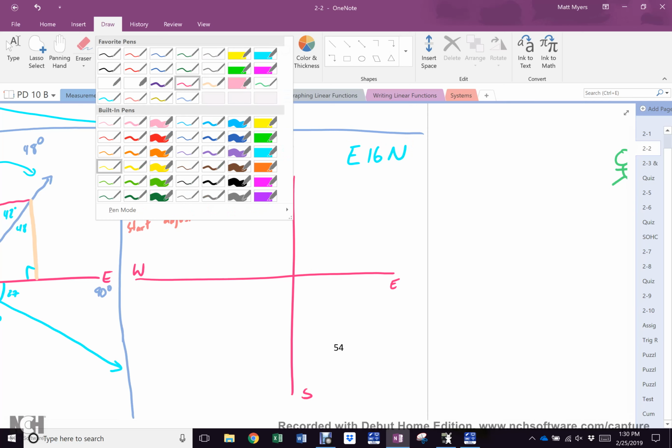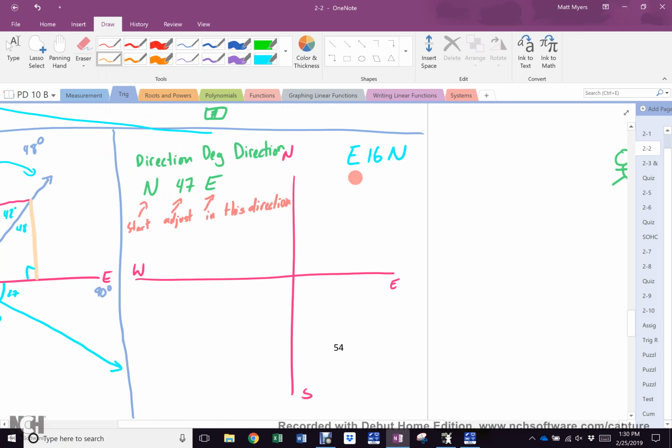In orange, I want you to give me south 27 east. And in red, I want you to give me west 63 south. You guys don't need to use 3 colors. You just need to draw 3 lines.